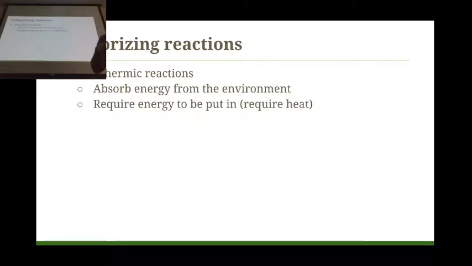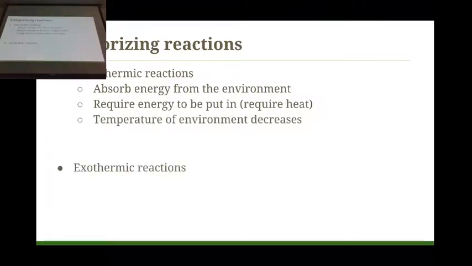What I'm getting at here is that your face feels cold because the energy of your face is being pulled into the dissolving of that substance. So endothermic reactions are pulling energy from the outside. Does that make sense? Okay.